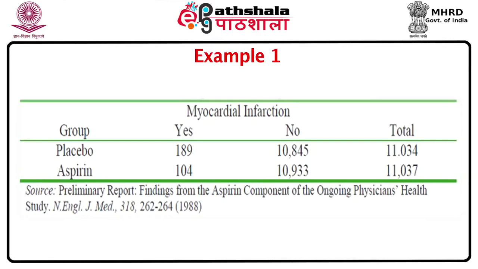So for example, 189 people on placebo experienced myocardial infarction. The source of this data is from a study of the ongoing Physicians' Health Study, which was published in the New England Journal of Medicine.